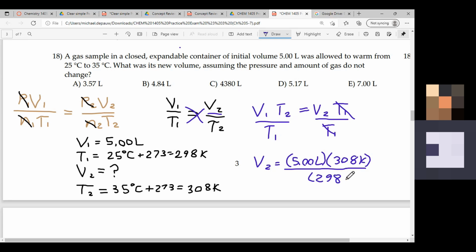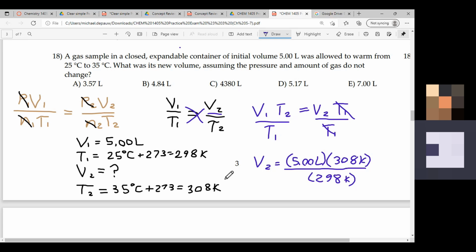And now you see, hopefully, why I wrote out my variables over here, because if you're not very careful with keeping track of what numbers are what, you could accidentally switch those two temperatures and end up getting the wrong answer, right?